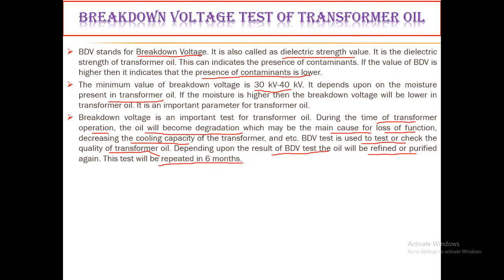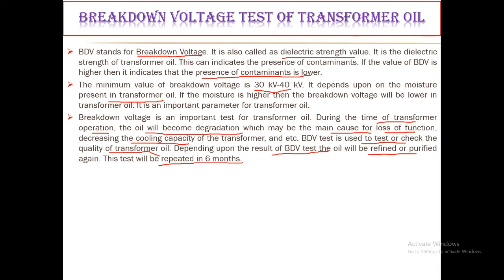In general, first you have to perform the BDV test by taking the sample from the transformer. If it is lower than expected, then it will be circulated through the purifier system. After the purification, again a sample is taken from the transformer tank and retested for the BDV test. If after the purification you have achieved the value within the prescribed limit as suggested by the IEC or the IS standards, then you can go with that.